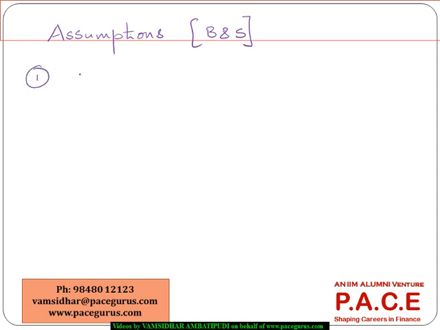They have made a few assumptions. The underlying share price follows a geometric Brownian motion. But what is the reality in this context? The share price need not follow a geometric Brownian motion. In the real world we keep seeing situations where the share price change is not smooth, not continuous.